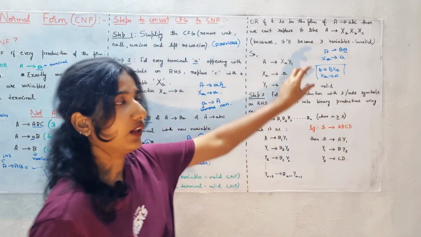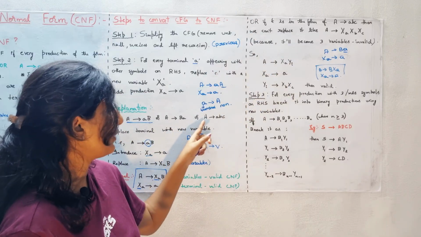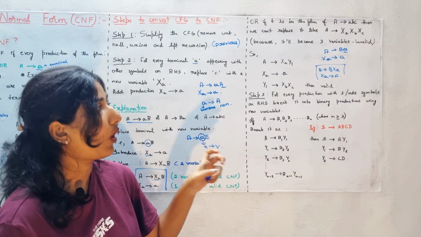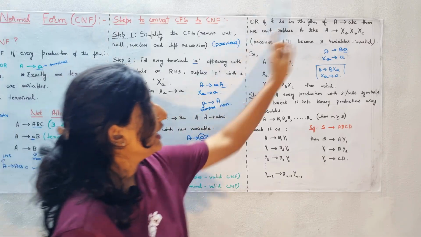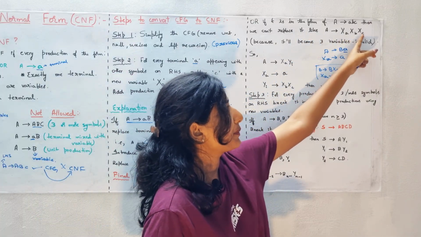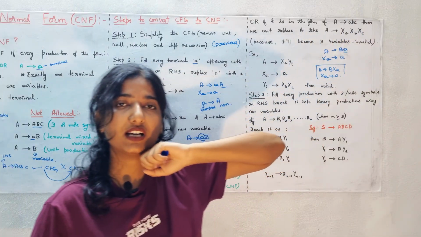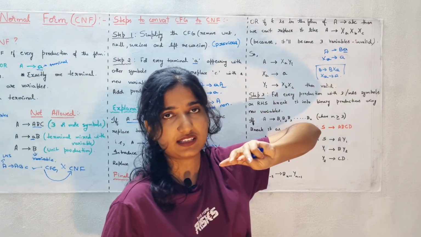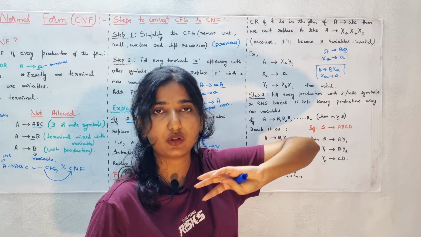Okay, this is allowed. And then, if we have A derives a, b, c, then what we have to do? We have all the terminals only. Then we can't replace it like A derives XA, XB, XC. Why can't we replace? Because these are three variables, right? Is three variables combination allowed?